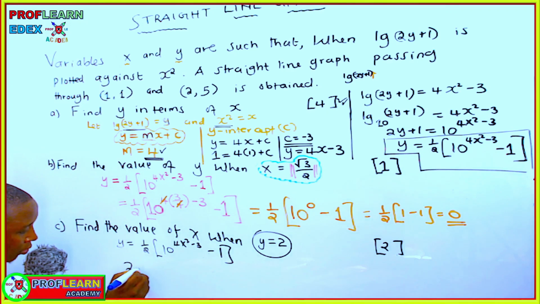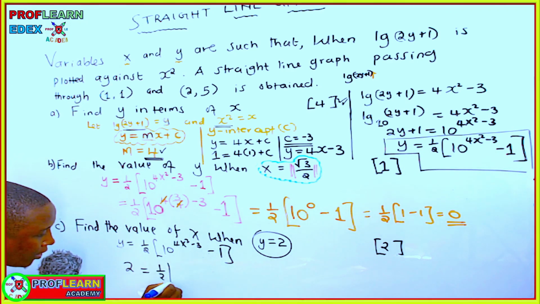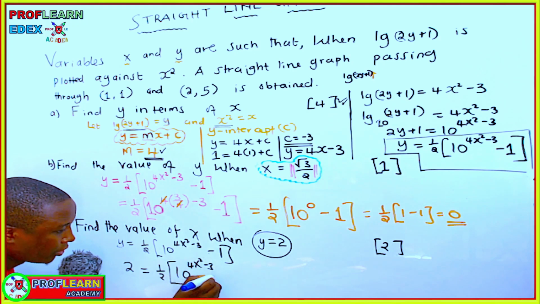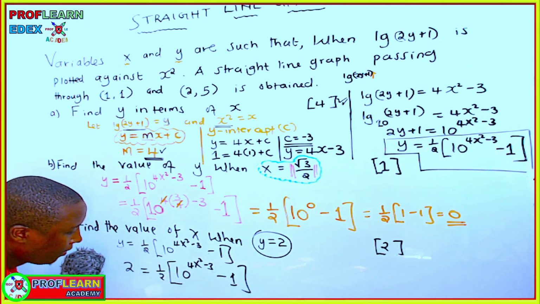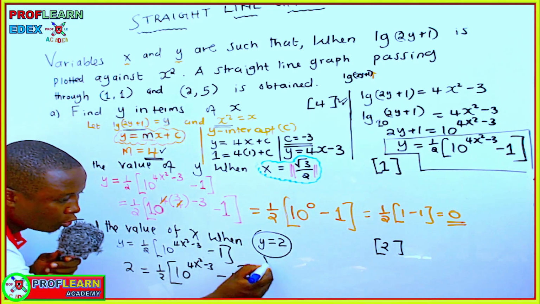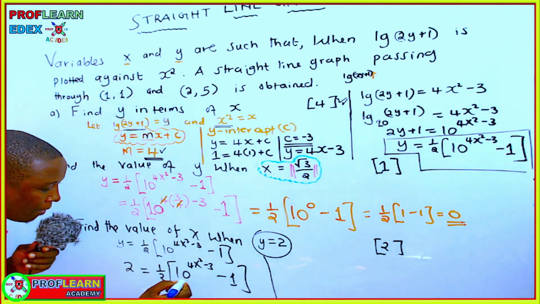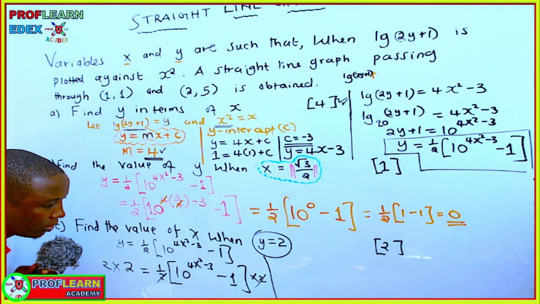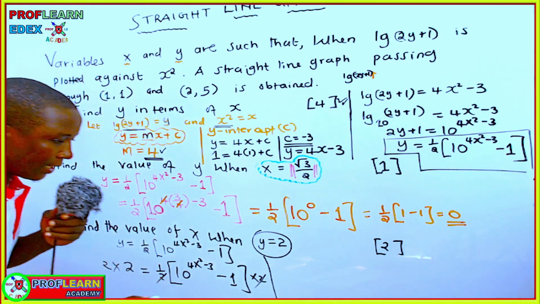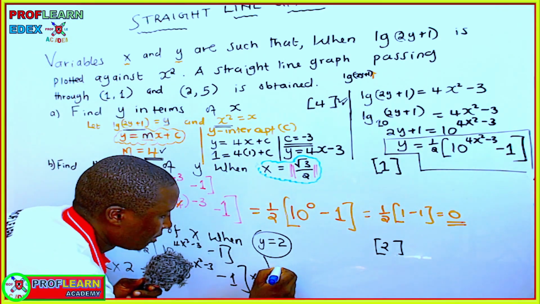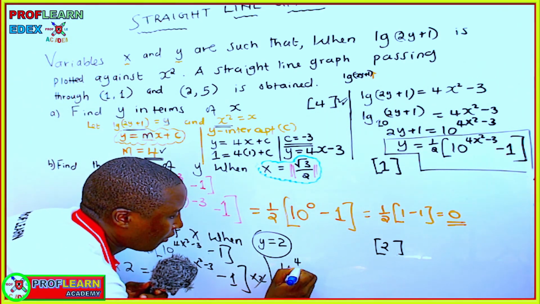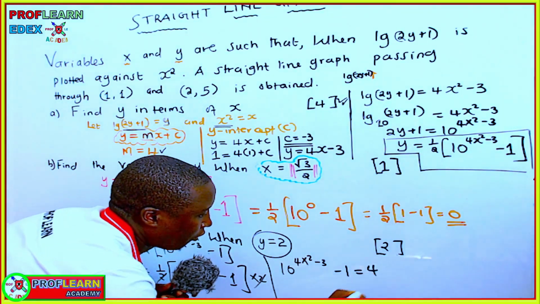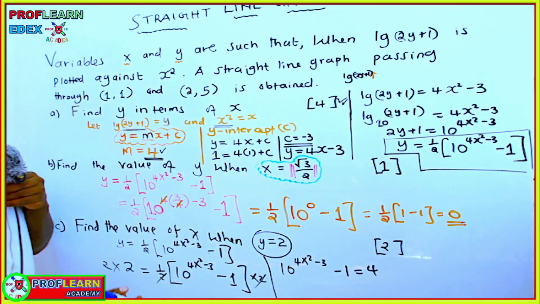We shall have 2 is equal to 1 over 2 into bracket 10 raised to 4x squared minus 3, then subtract 1 there. I'm going to multiply by 2 both sides, so that the 2 and 2 cancel out, and I end up remaining with 10 raised to power 4x squared minus 3, minus 1 equals 4, because 2 times 2 is actually 4.